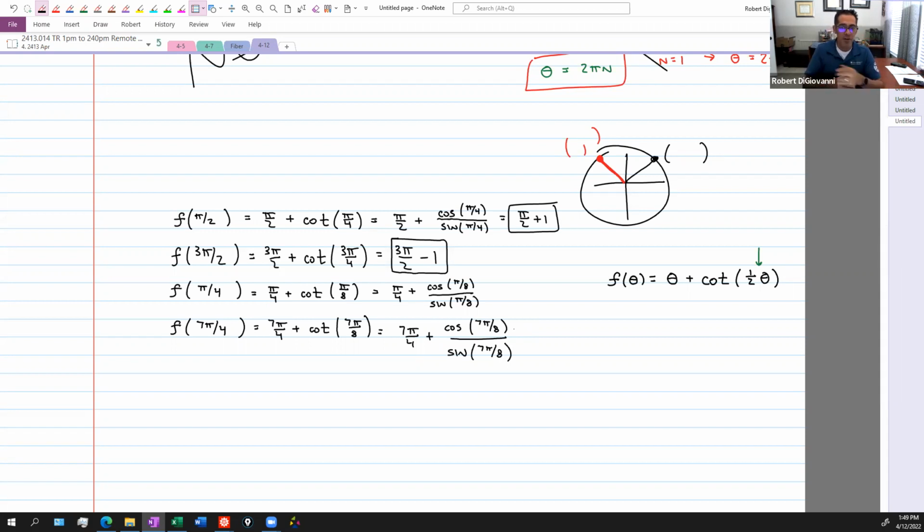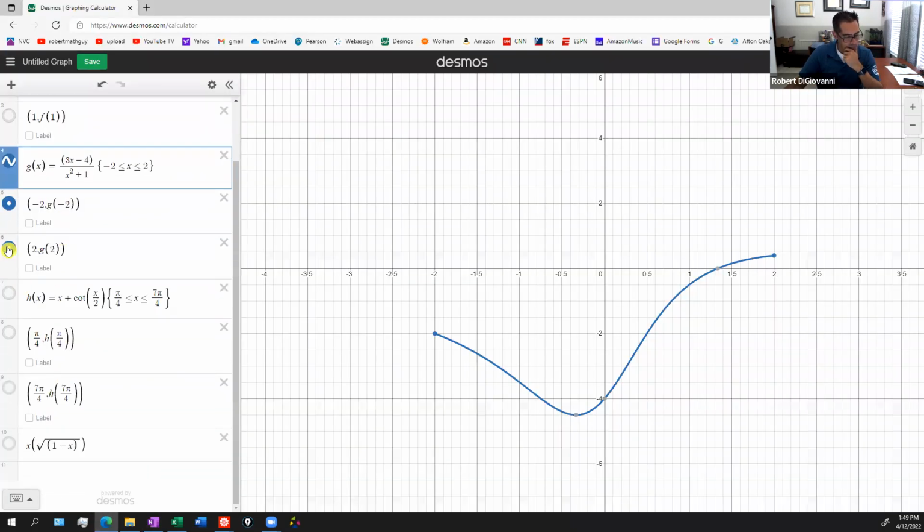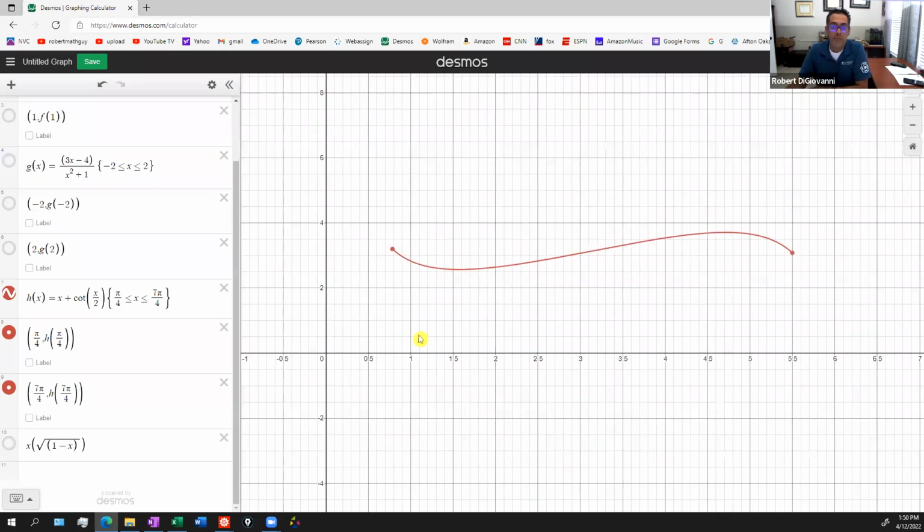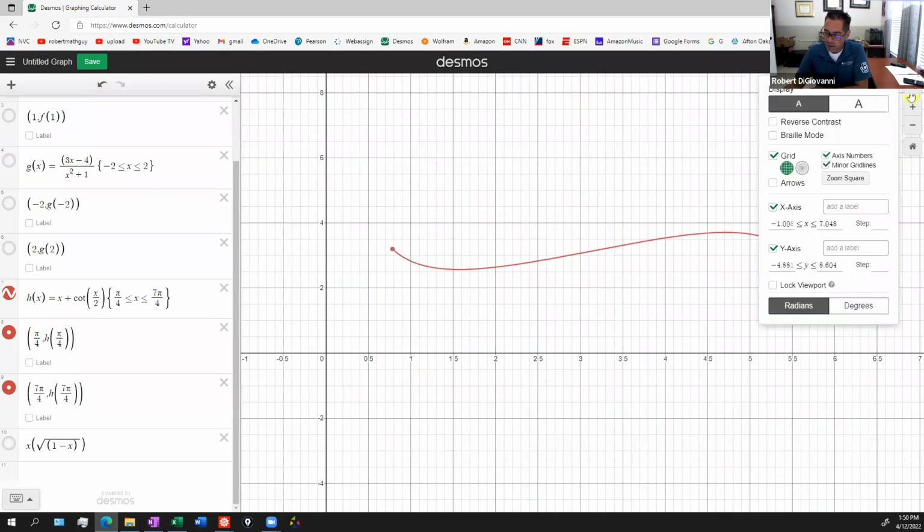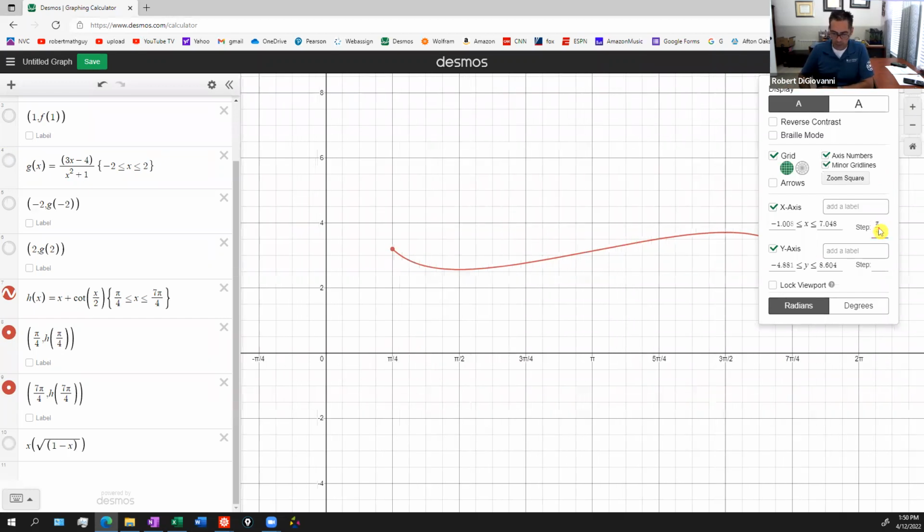I'm just going to go to the graph. We've got to figure out which of these is the biggest and smallest. Here's the graph of the function, restricted between pi over 4 and 3 pi over 4.